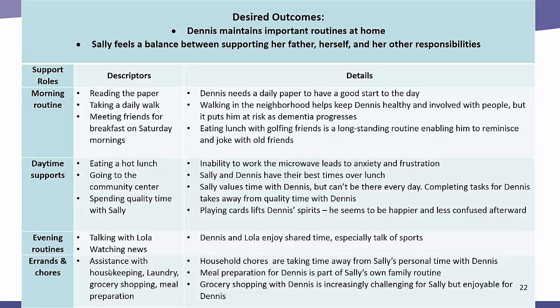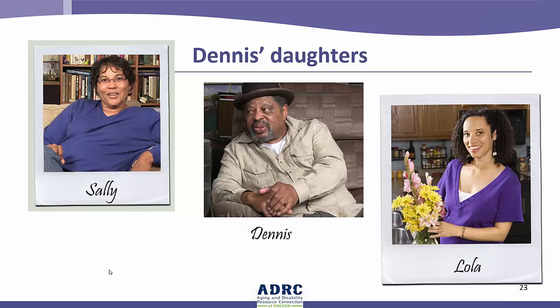And they realized that Sally and Dennis had their best time over lunch and that Sally wasn't getting this. Talking with Lola, watching the news are also important evening routines. Dennis increasingly needs assistance with housekeeping, laundry, grocery shopping, and meal preparation. And these chores were taking time away from Sally's personal time with Dennis.